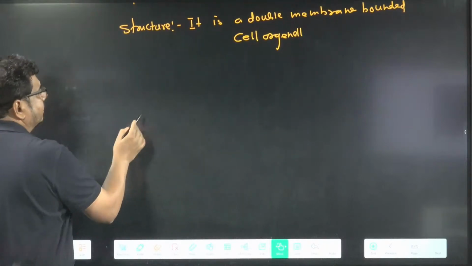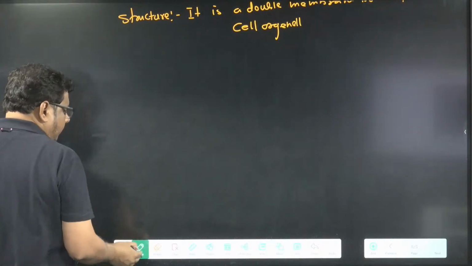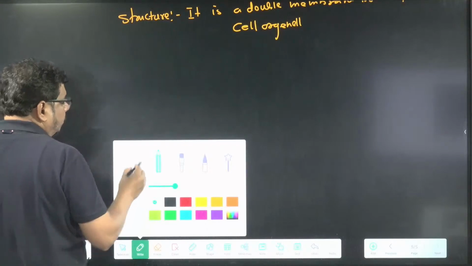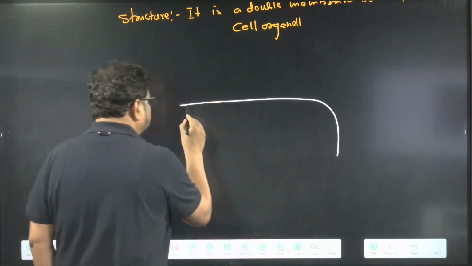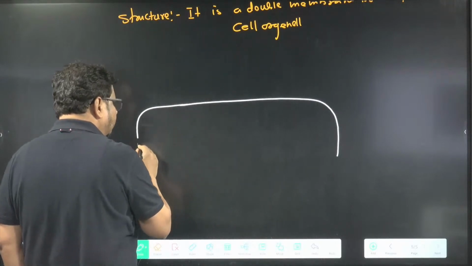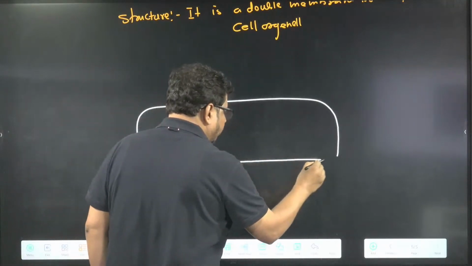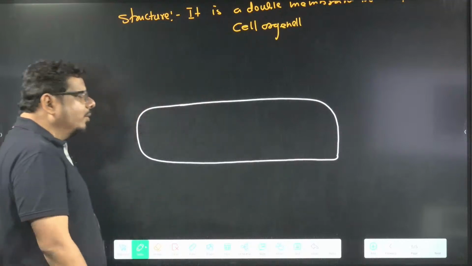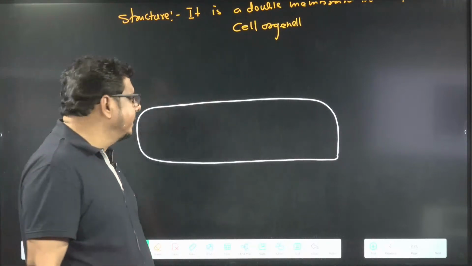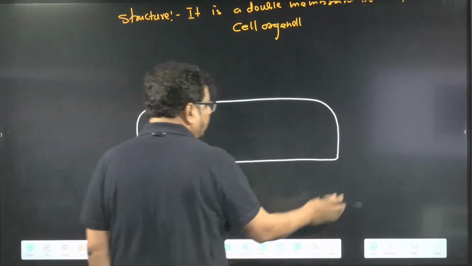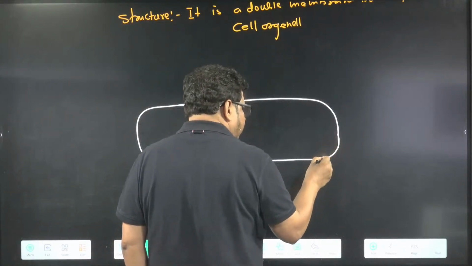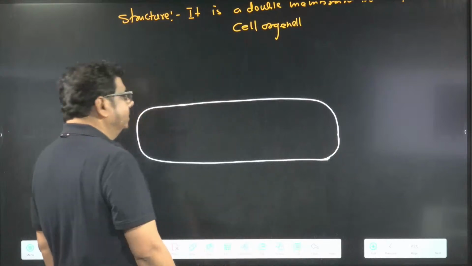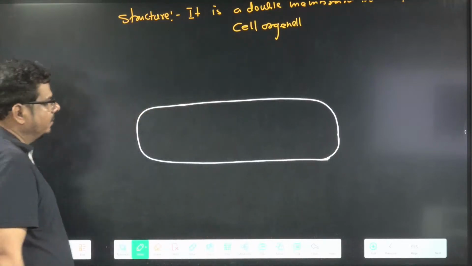So I am drawing the structure of mitochondria. Give your attention. Suppose that this is a mitochondria. Which kind of mitochondria have I drawn here? I have drawn a cylindrical mitochondria.